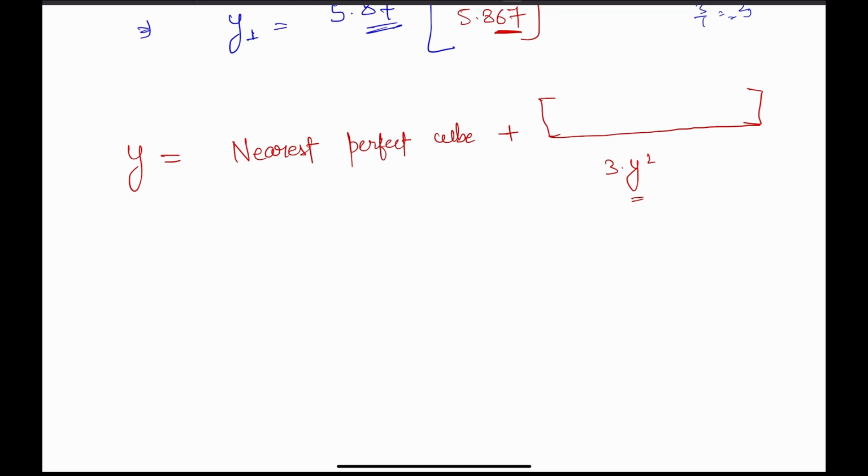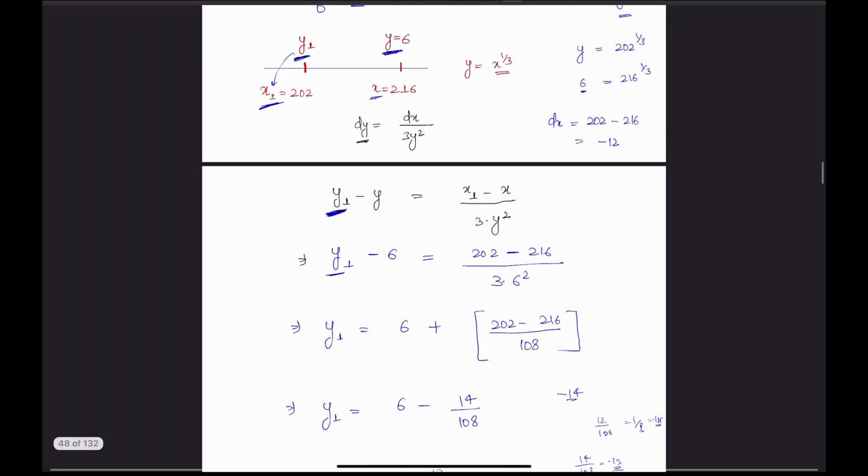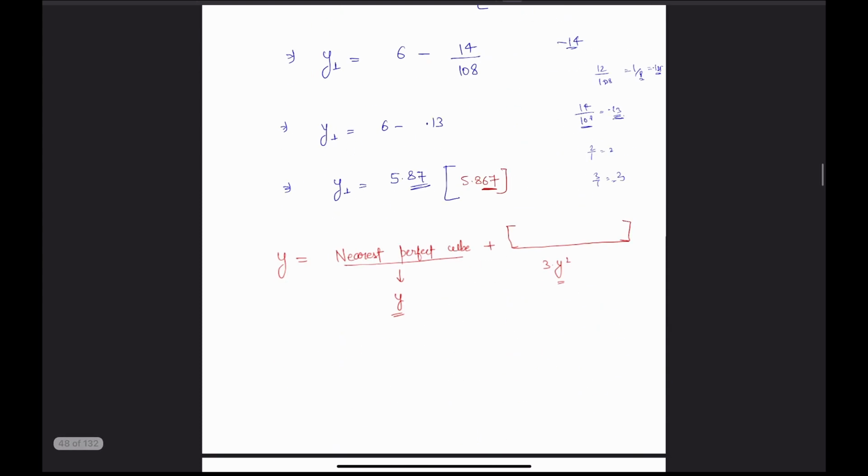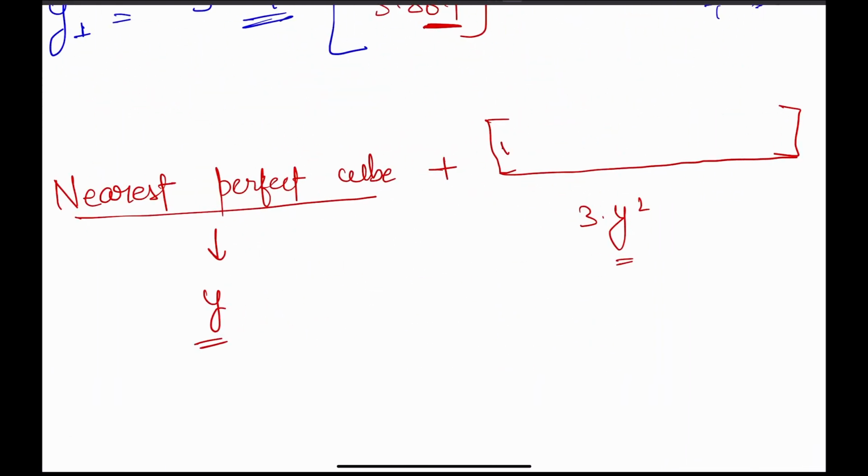This y is nothing but the nearest cube's root. And as I told you, in the negative part, the value given for the cube root minus the nearest perfect cube we know. That's the formula, and you can use it anywhere.